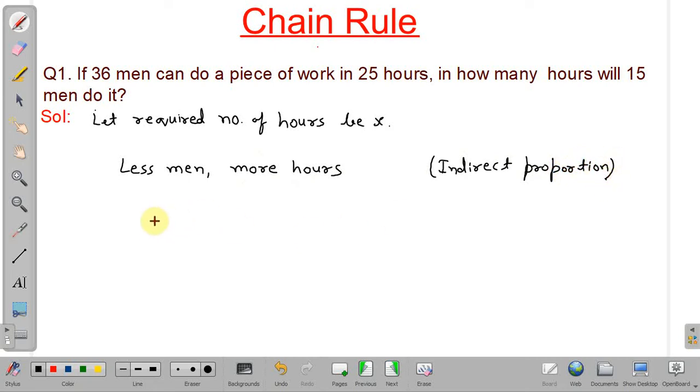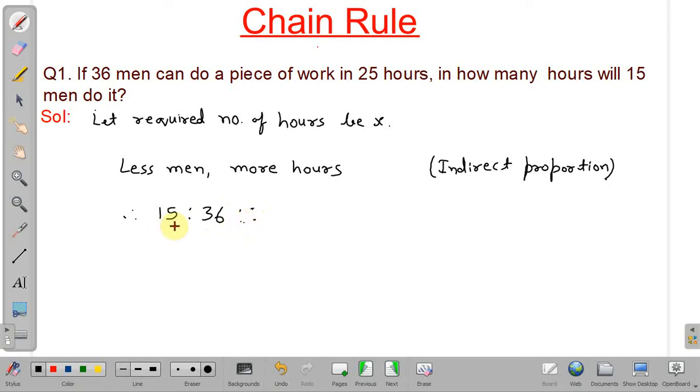Now see, we have to find the number of hours when 15 men are working. So first we will write the ratio of men, that is 15 ratio 36. And it is in indirect proportion with the number of hours.